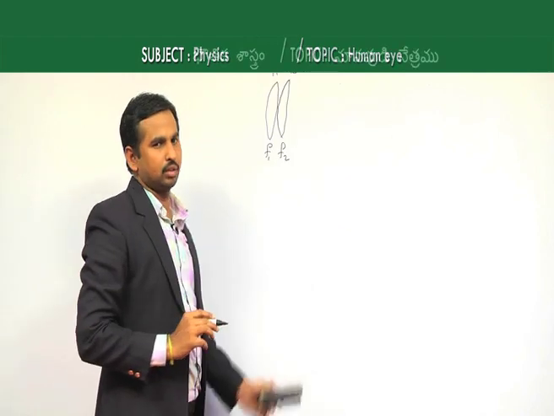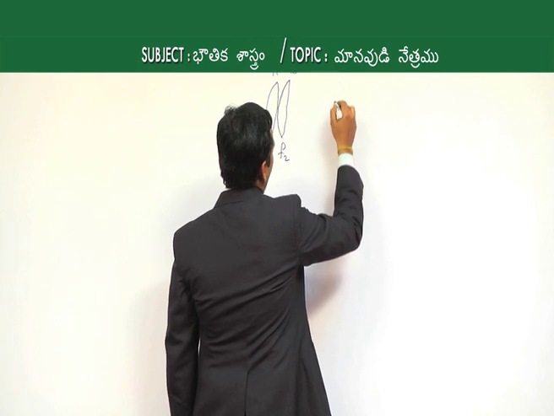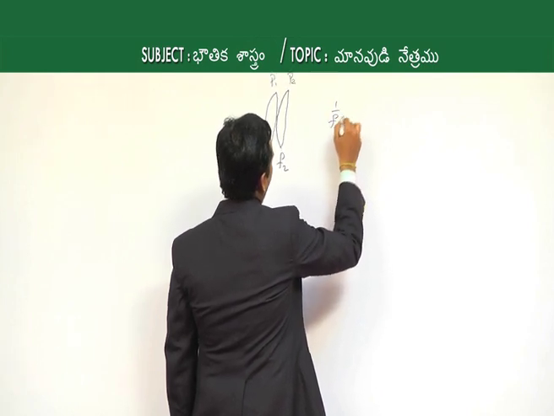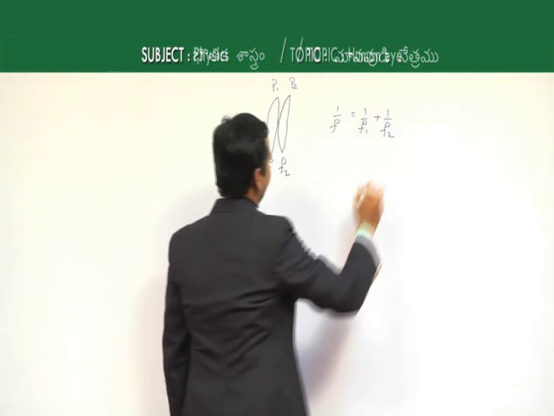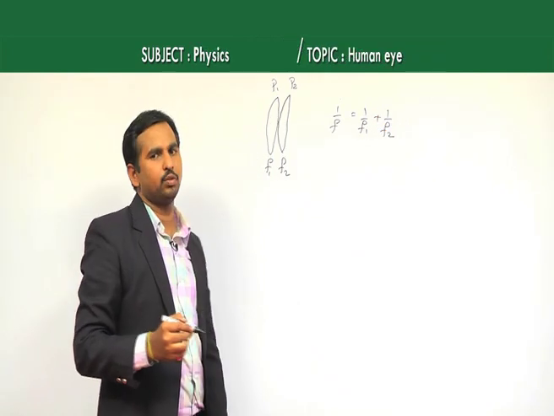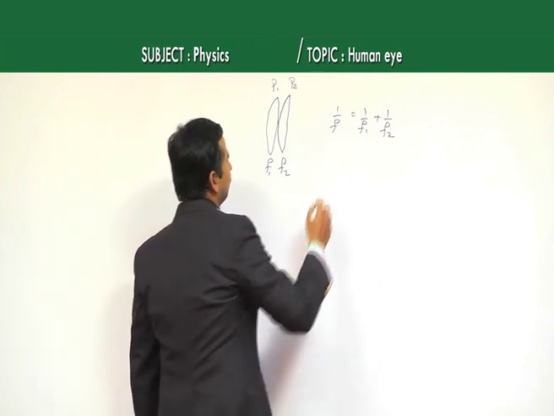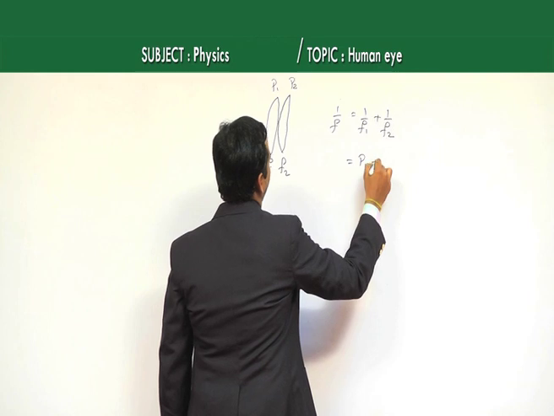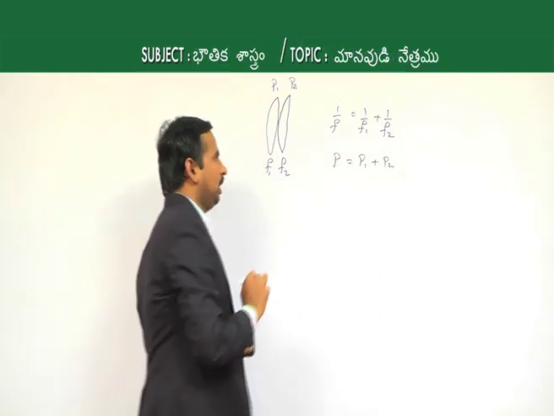In this case, the final focal length f is given by 1 by f equal to 1 by f1 plus 1 by f2. At the same time, 1 by f1 is nothing but p1 and 1 by f2 is nothing but p2, so this is the final power.